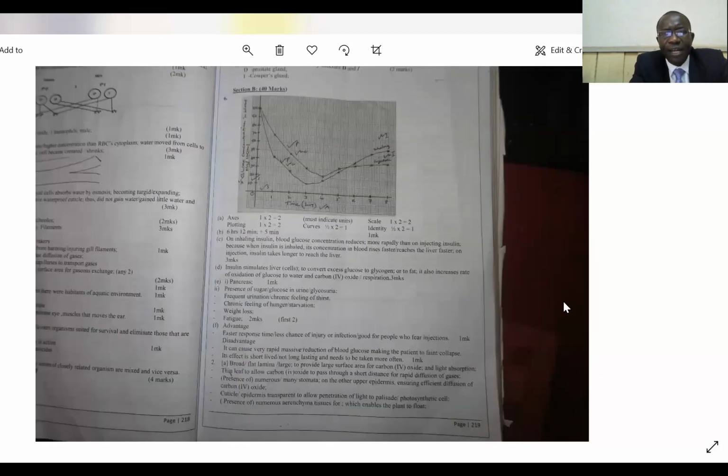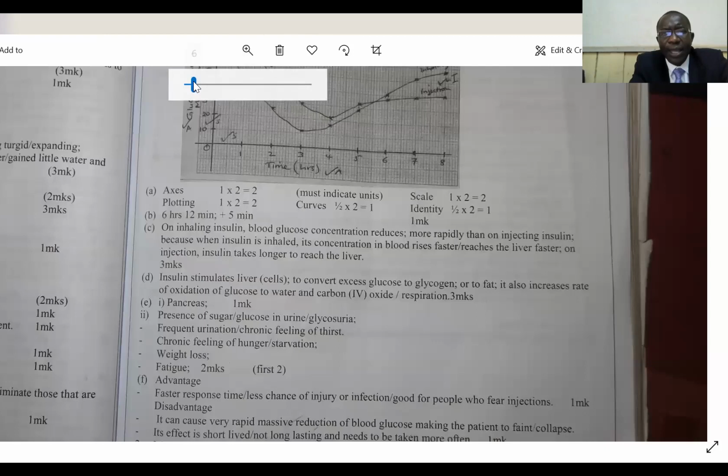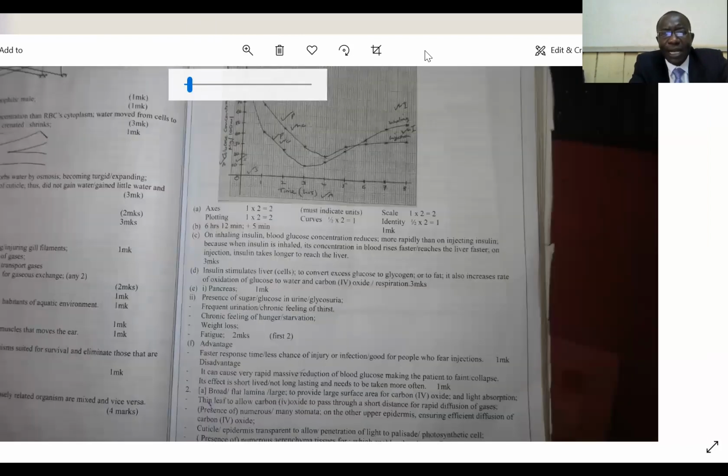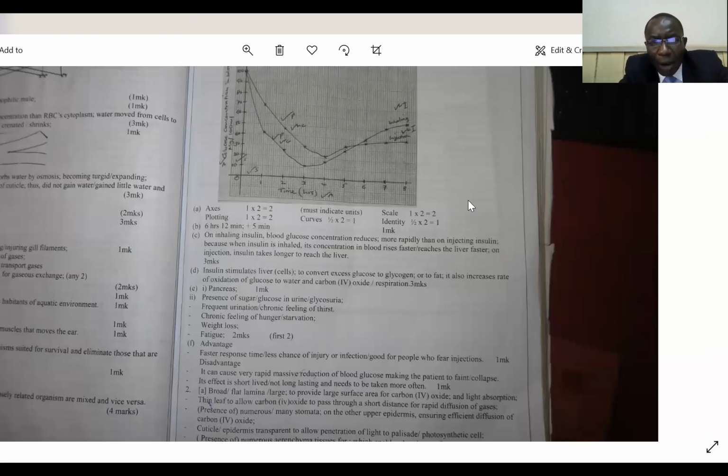The graph was drawn. And as you can see from your end, the x-axis in that particular graph is time in hours.